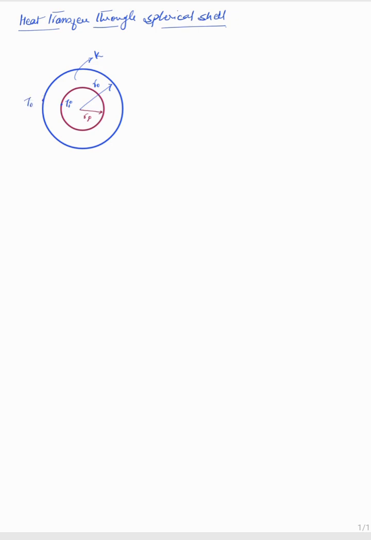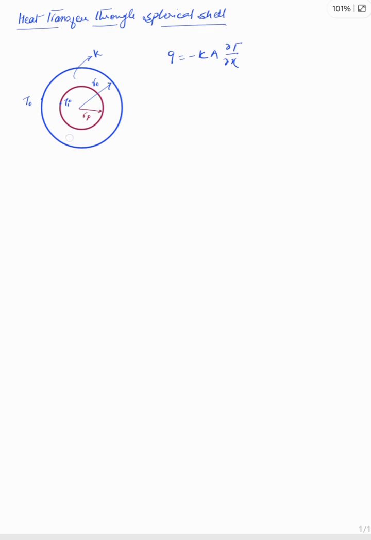Okay. So we know Fourier's law equation for heat transfer is Q equals minus K A delta T by delta X. We are studying this equation from the start onward, and for this particular case, let's see, if you have a very tiny, very thin shell having radius R, and the temperature gradient is delta T for this thin shell.